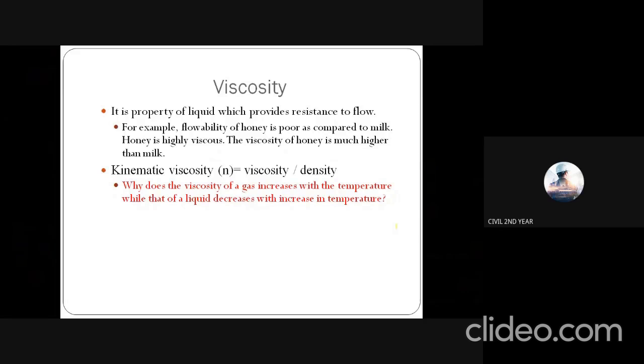So if you heat something, why does the viscosity of a gas increase whereas that of a liquid decreases? What is the reason? Discuss among yourselves, and we will discuss this question in the next class.